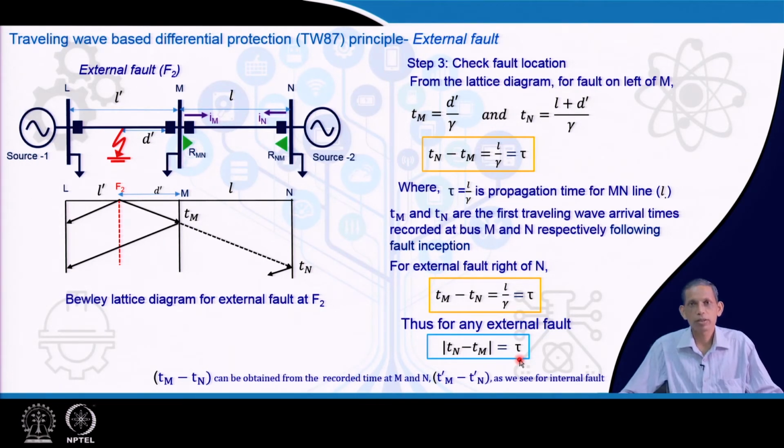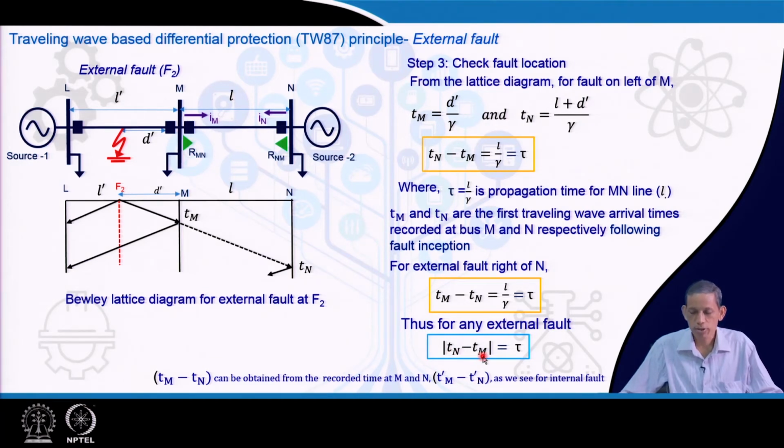So, similar to the internal fault case, we have a third check, the security check on external fault, which is that T n minus T m equals tau. But this T n and T m, like earlier, can be computed from the time recorded by the R m n and the R n m relays following the fault inception at T naught, and the recorded time will be T m dash minus T n dash.